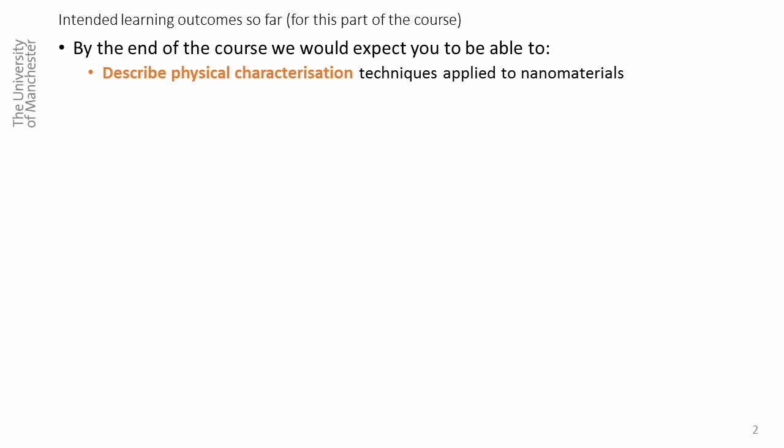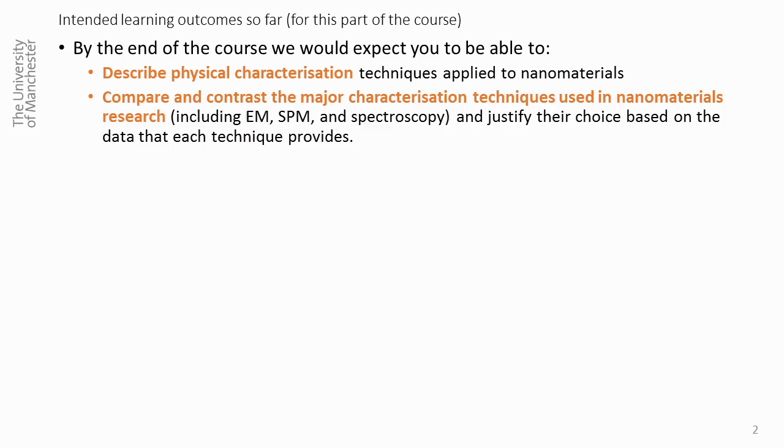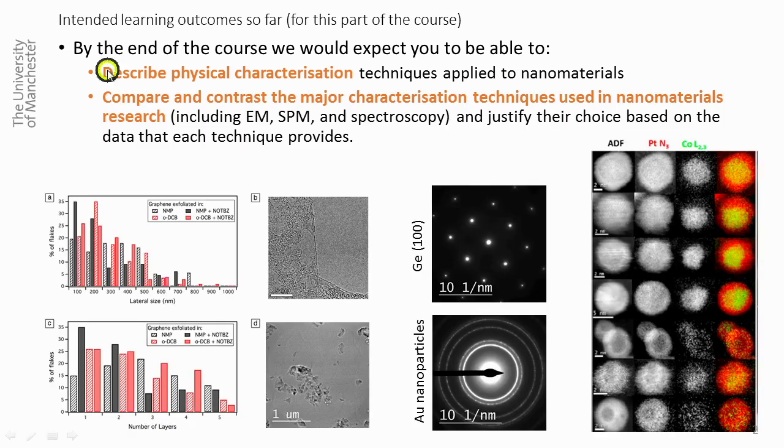So far in this part of the course, we talked mainly about how to characterize nanomaterials, what technique you can use, in particular physical characterization techniques, to get useful answers to your specific studies. Here I show a couple of examples: you can get size distribution of graphene, measure the thickness, and so on.